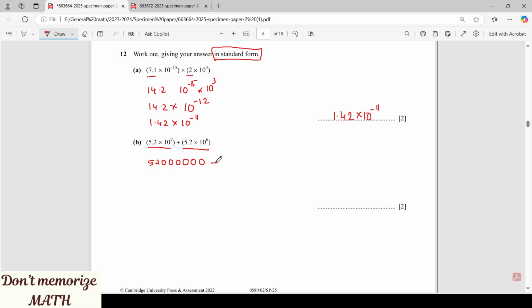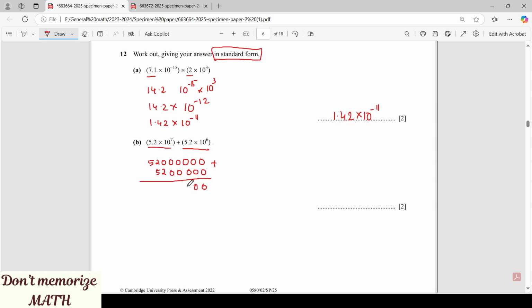Then plus 5.2 times 10 raised to 6. So 5.2 times 10 raised to 6 will become 52. How many more zeros do we need? We need 5 more zeros. So 1, 2, 3, 4, 5. Then add them normally. 0 plus 0 will become 0.